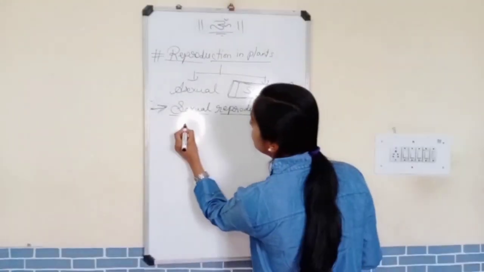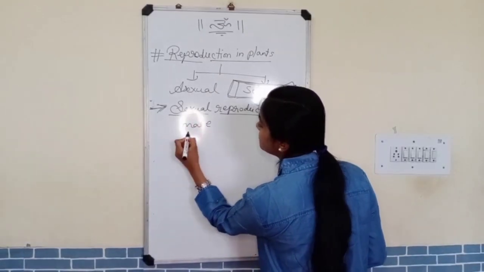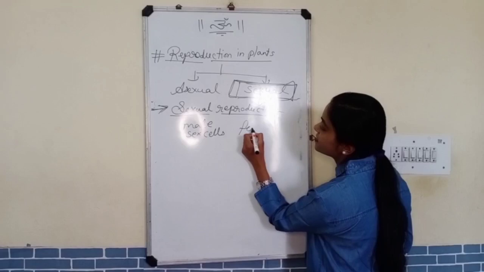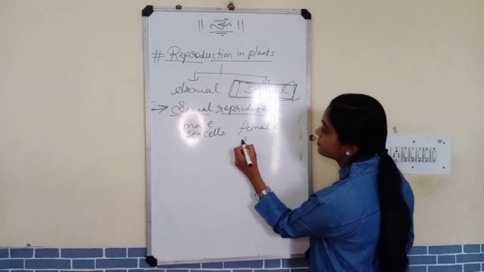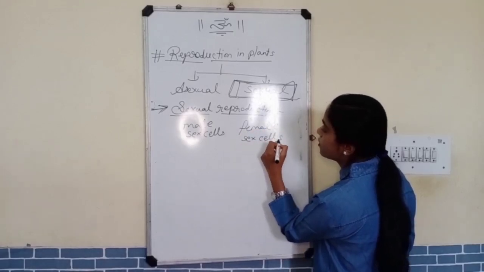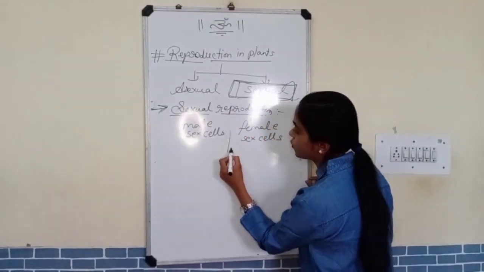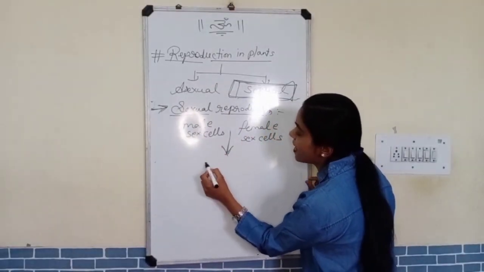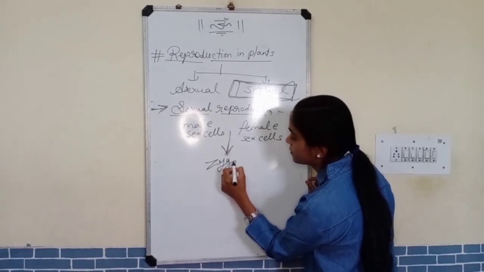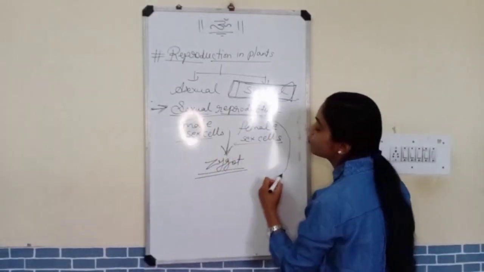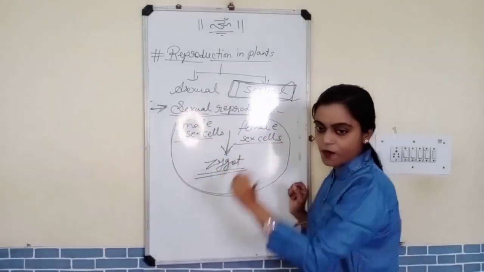Also, male sex cells and female sex cells, both are responsible for the sexual reproduction. So, both cells are fused and make zygote. Okay? So, we are going to learn this process in a flower.